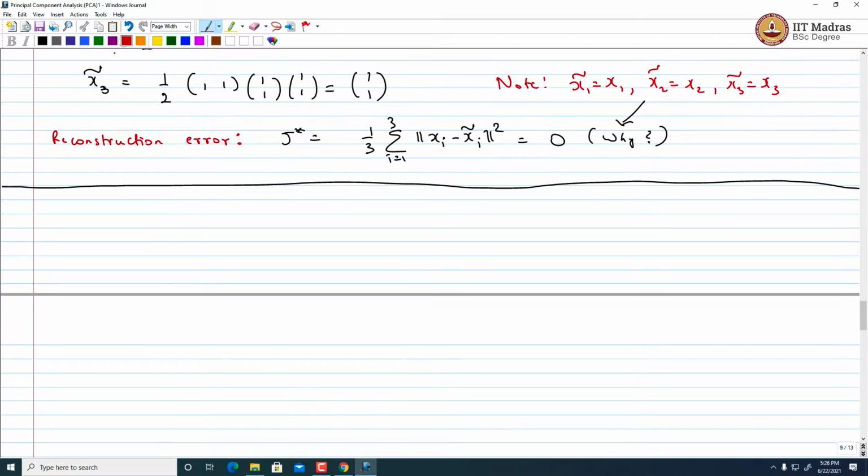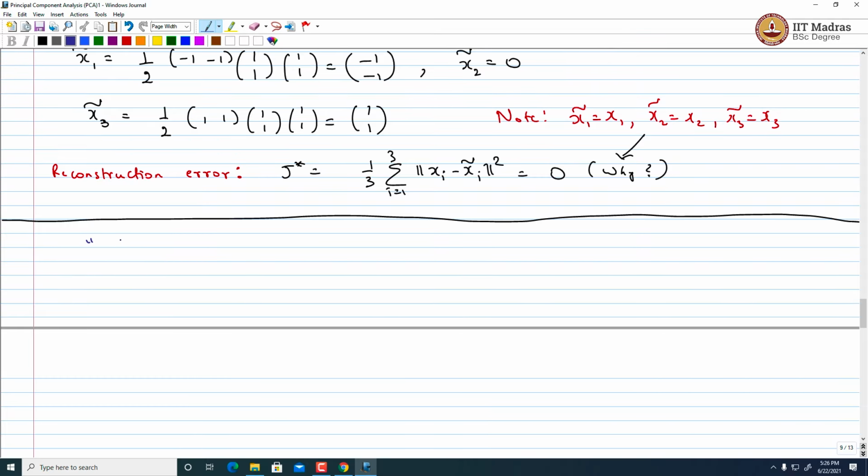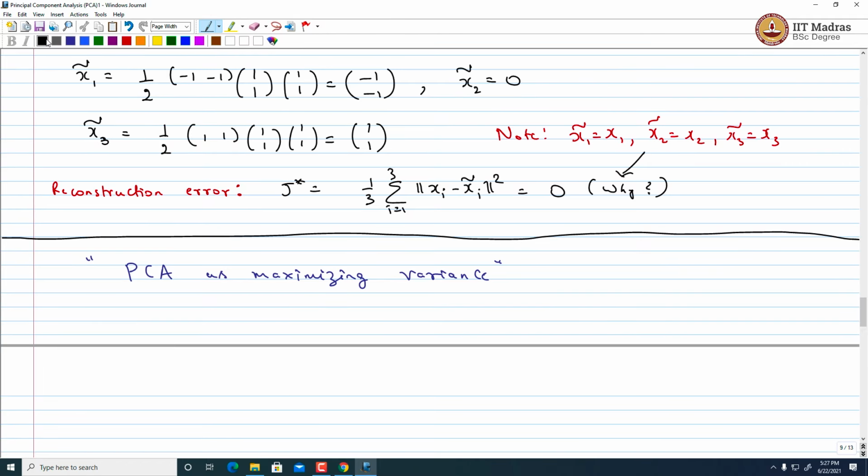Now we'll move on to the other perspective, which is PCA as maximizing variance. So let's start with something very simple here.